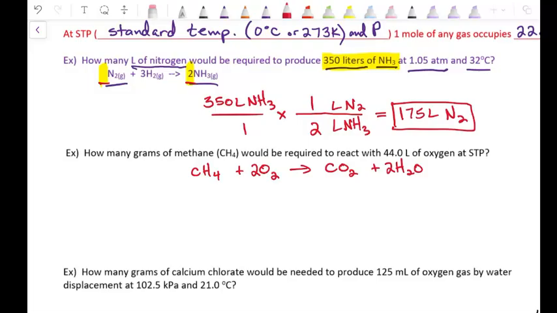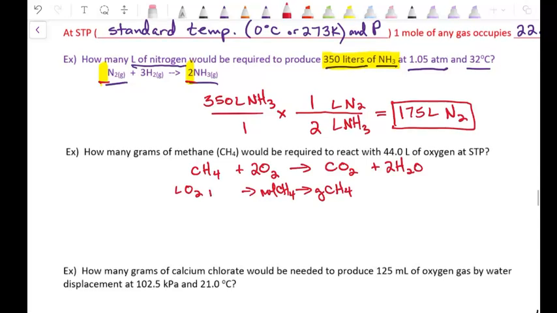Okay, so we're going to go from liters of oxygen, and we're going to try to take that to grams of CH4. In order to get grams of CH4, I would need moles of CH4, right? And in order to go from liters of oxygen to moles of CH4, I would first have to find my moles of oxygen. So we're just planning out the problem.